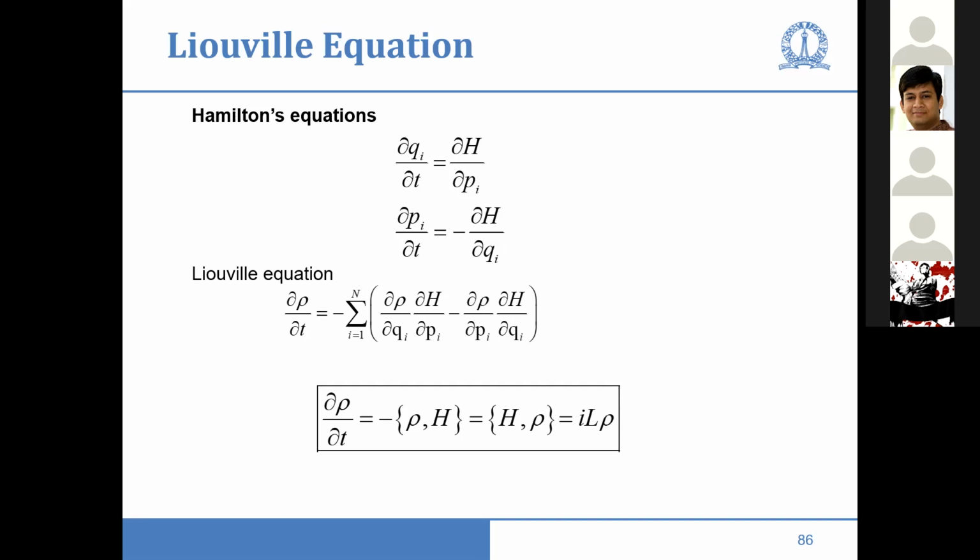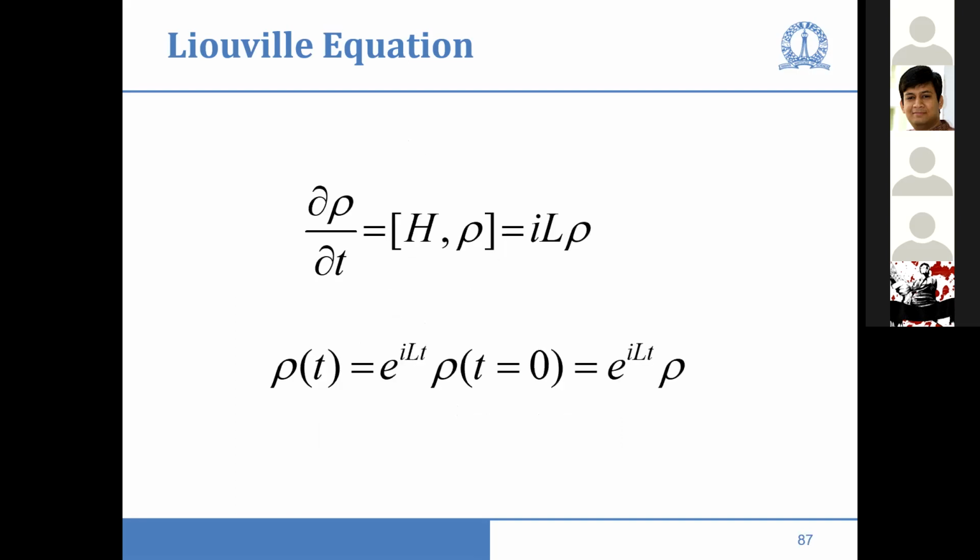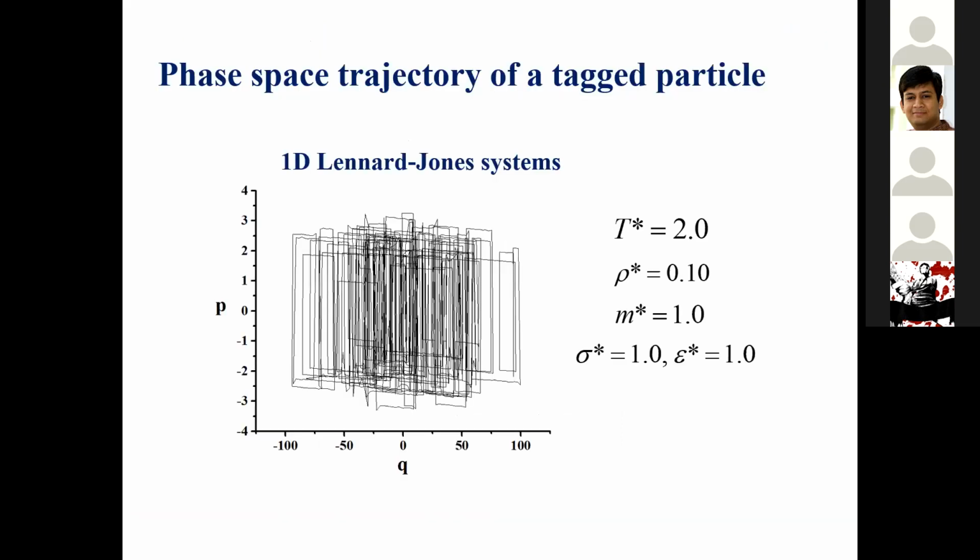So iL is the Liouville operator. I am a little bit confused here, because my students always seem to put a minus sign from somewhere, and once I just removed it altogether. Okay, so this is the Liouville equation, and this is the formal solution of the Liouville equation, which is very helpful in all analytical work.